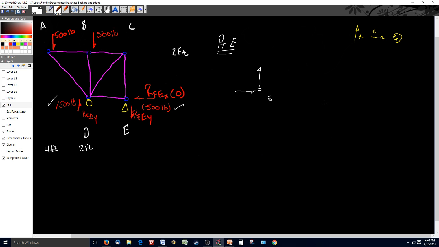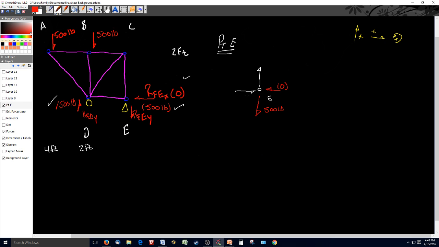The reason is that I have RFEX going the opposite way, and I'm drawing my vectors opposite of the known forces that I have. So I'll draw my known forces here as RFEY, which we already solved. We said that's 500 pounds. And we have RFEX, which is 0.